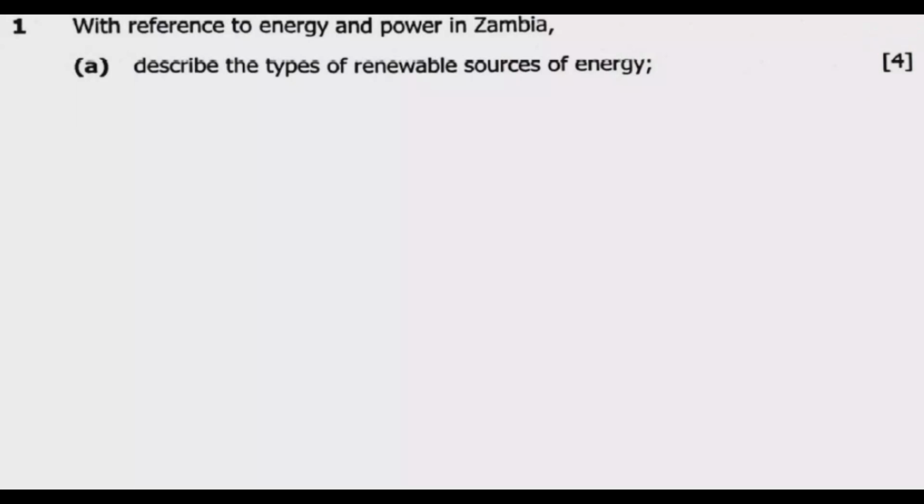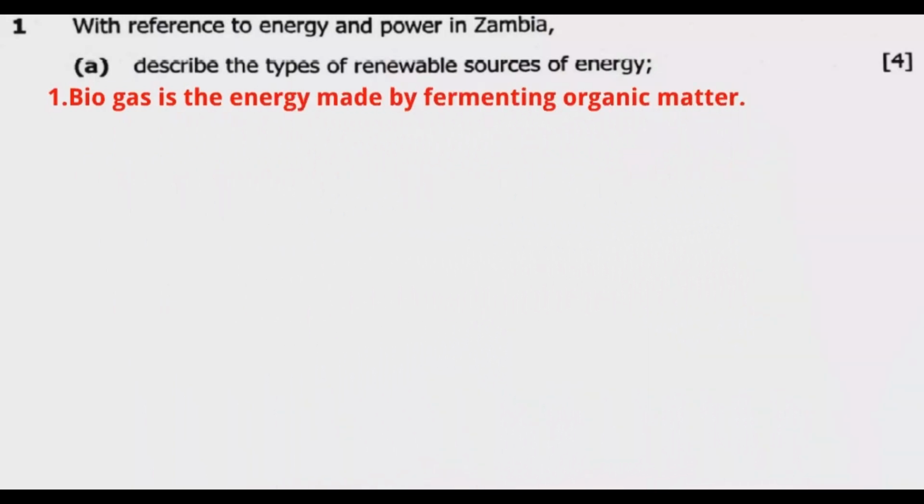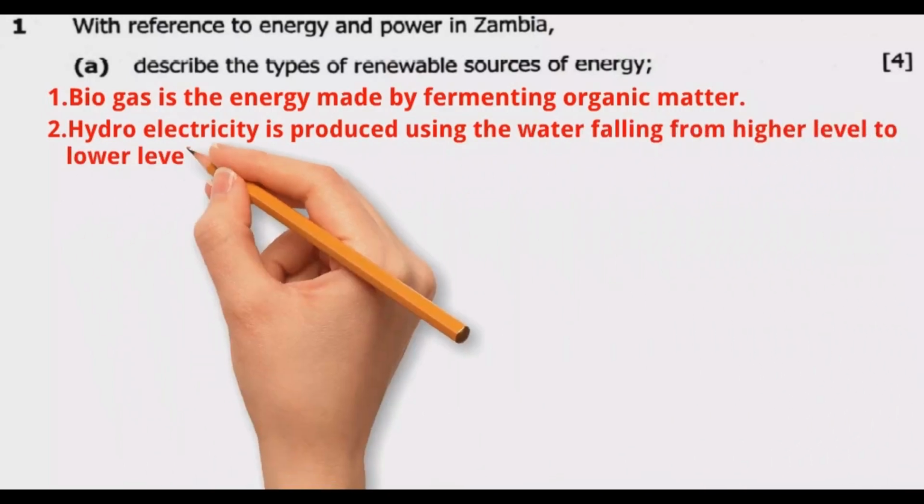So the first point is biogas. Biogas is the energy made by fermenting organic matter. 2, hydroelectricity.